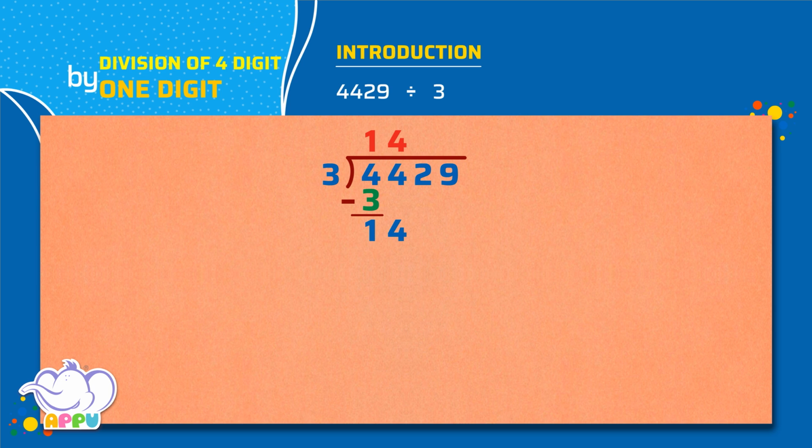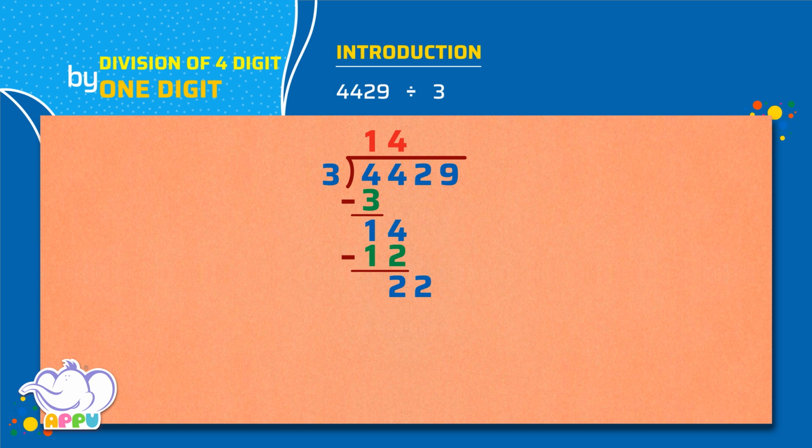We multiply 3 and 4, we get 12. We subtract 14 minus 12 equals 2. Next, we bring down the number in tens place, which is 2. So the number now becomes 22.